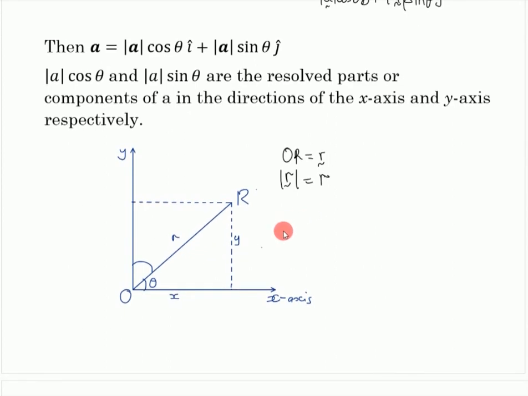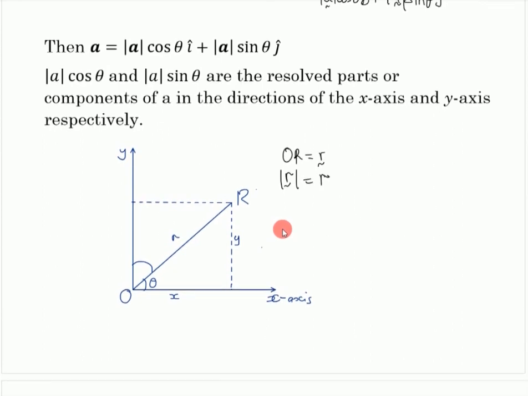The component, this is something to know. The component of a vector along a given direction is got by getting the product of the magnitude of the vector and the cosine of the angle between the vector and the required direction.